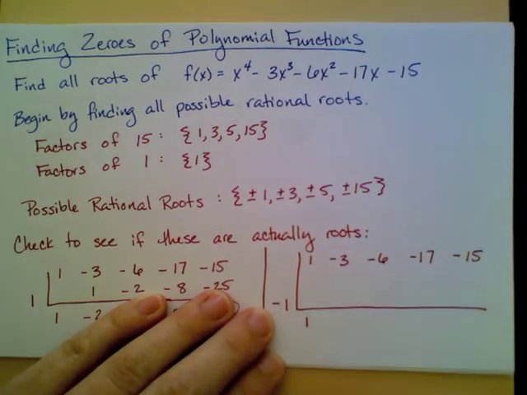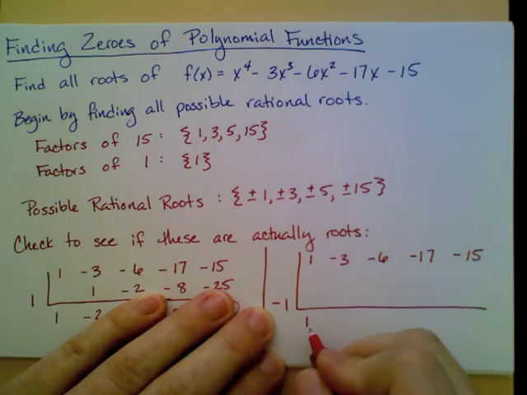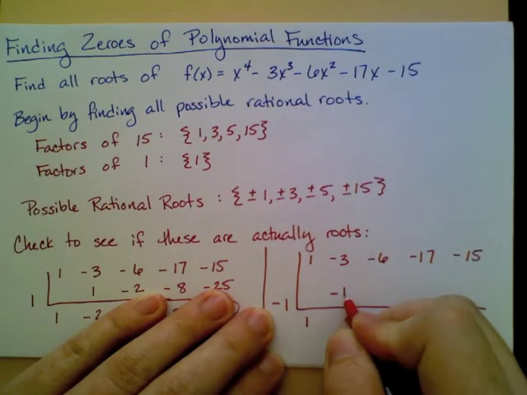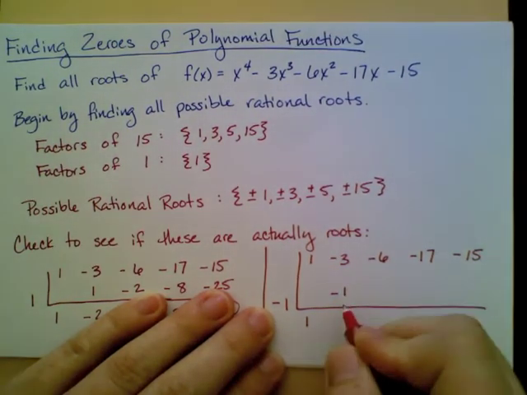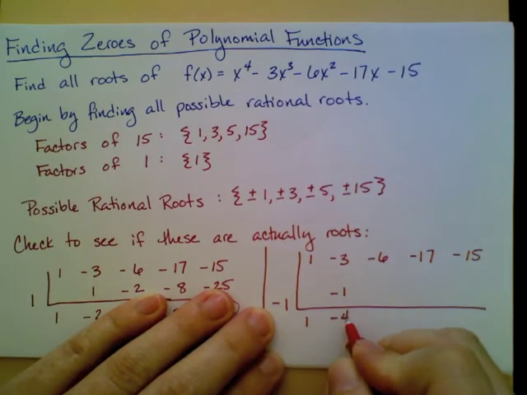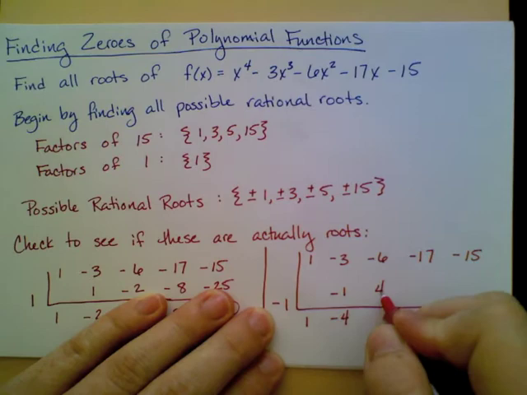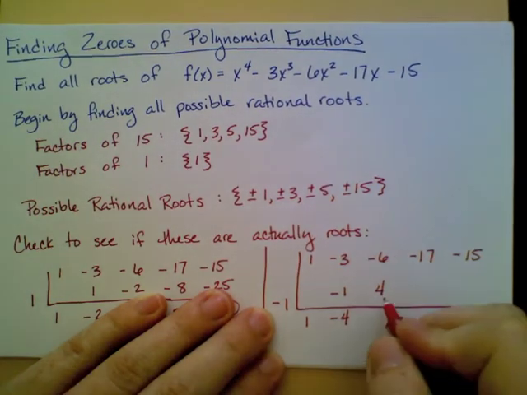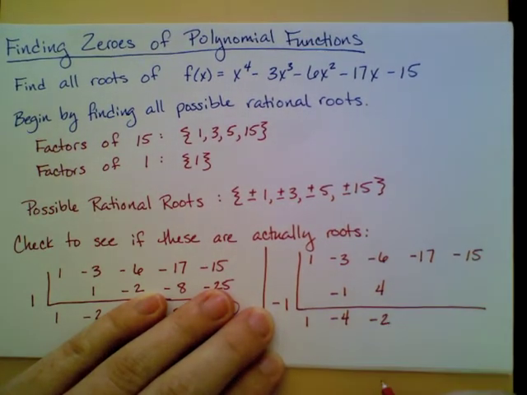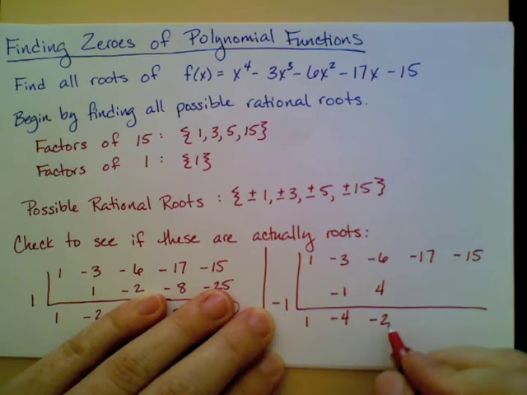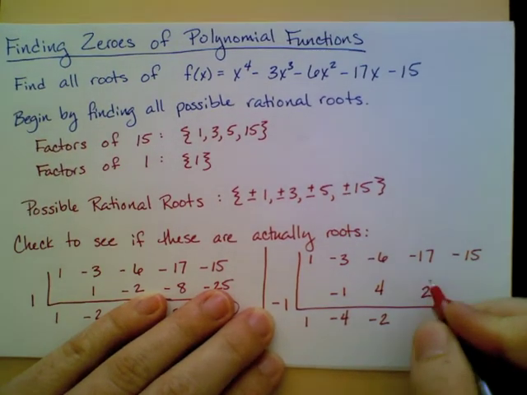So I bring down the 1 again. Negative 1 times 1 is negative 1. Negative 3 plus negative 1 is negative 4. Negative 1 times negative 4 is positive 4. Negative 6 plus 4 is negative 2. Negative 1 times negative 2 is positive 2.